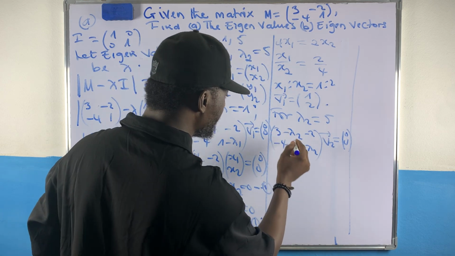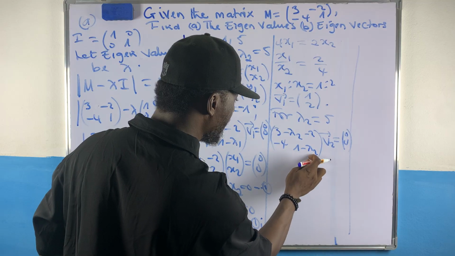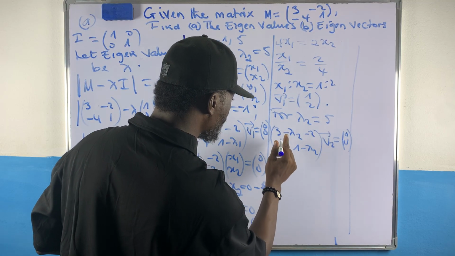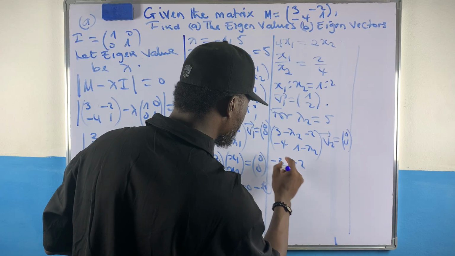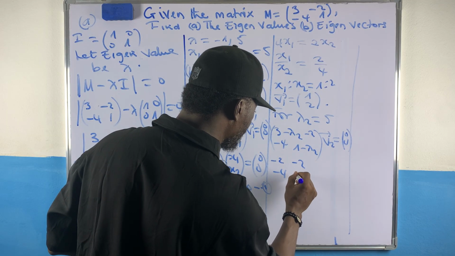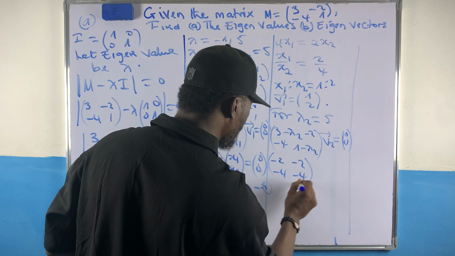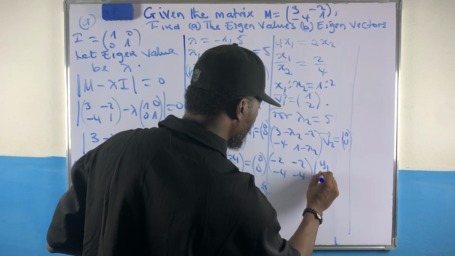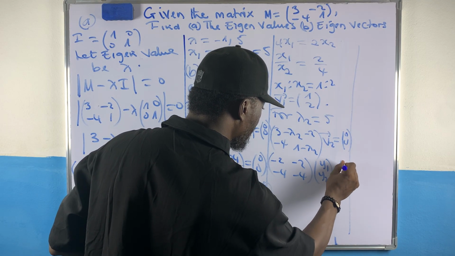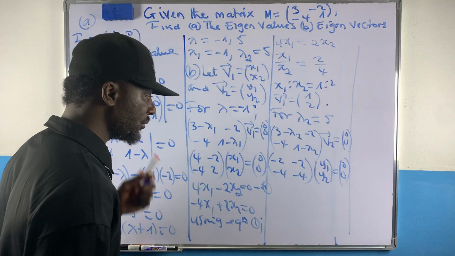When I plug in 5 here everywhere for lambda 2, I'm going to have 3 minus 5, which will be negative 2. Here will be negative 2, negative 4. I plug in 5 here, here will still be negative 4. All that multiplied by my v2, which I had as y1 and y2, should be equal to 0, 0.